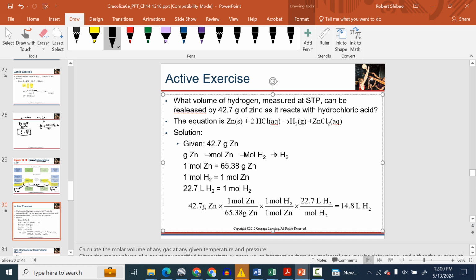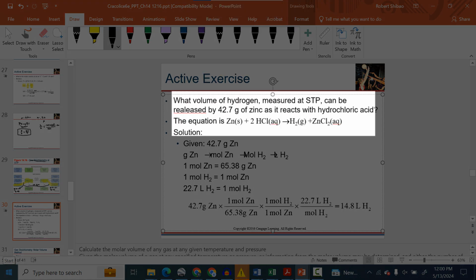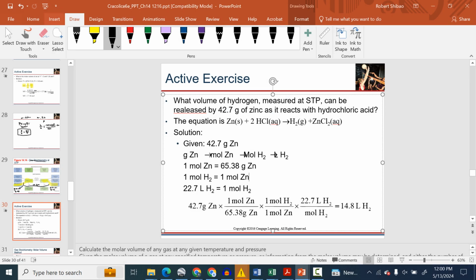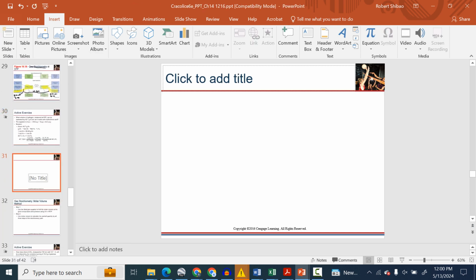STP is not very useful. So I'm going to change this problem. I'm not going to make you memorize the molar volume of a gas at STP. What is the molar volume of a gas at STP? 22.4 liters old, 22.7 liters new.